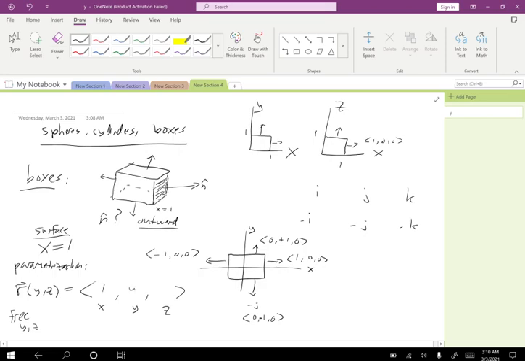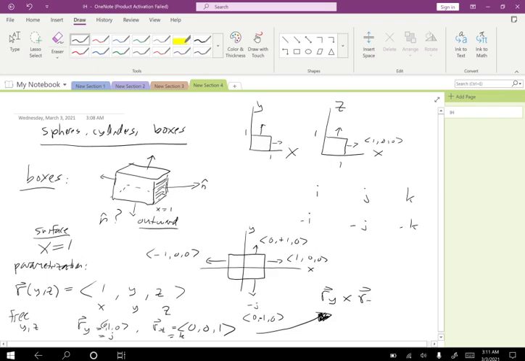So 1, y, and z. Our y is 0, 1, 0. Our z is 0, 0, 1. But that's just j. That's just k. So ry cross rz is j cross k.